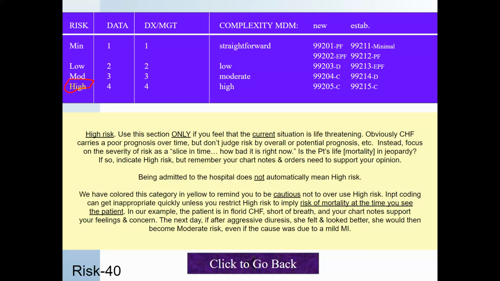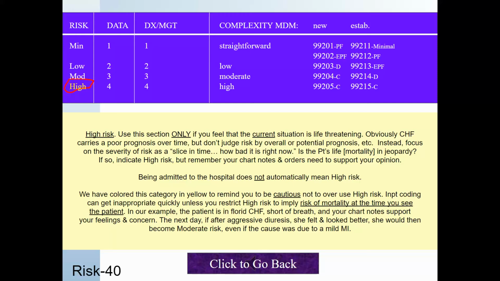So you as the doctor, if you document that the patient has worrisome conditions and may or may not be stable, and you're worried, then the risk is high. So it's the power of your documentation as to how bad it is right now. So being admitted to the hospital doesn't automatically mean high risk. It is what you document about the patient that means high risk.